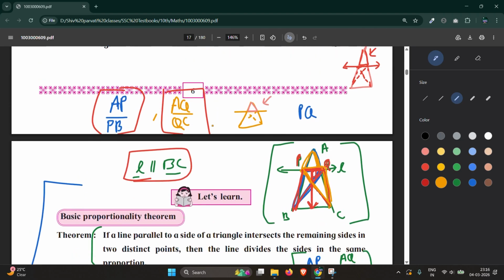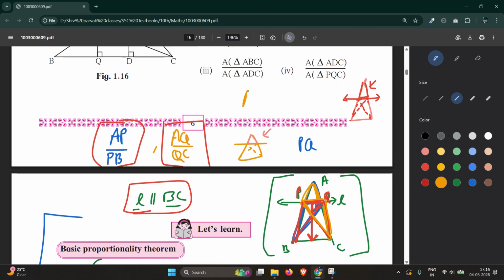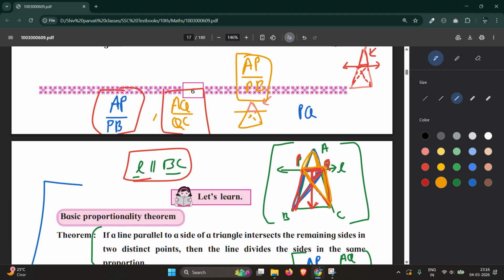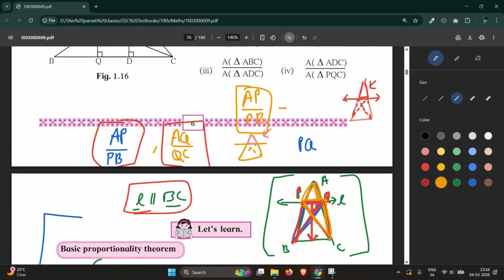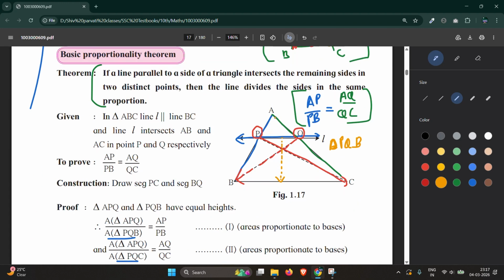So using that concept, we can come to the fact that AP upon PB, which was the ratio of the areas of this triangle and this triangle, is equal to AQ upon QC. So I'll draw nicely on this.